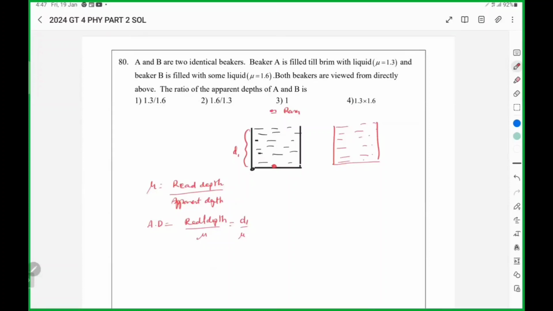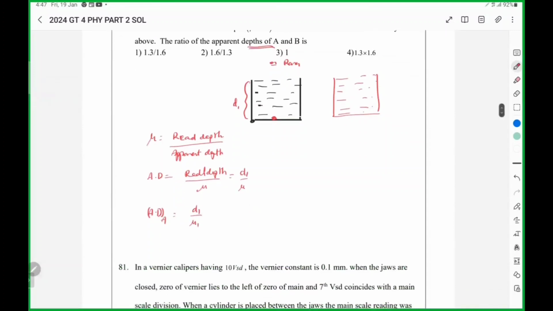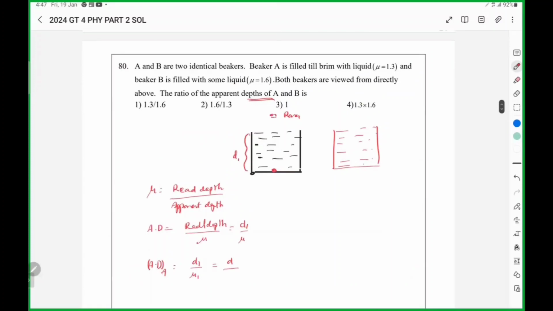So the ratio of apparent depth related to beaker A is d1 by mu1, that is the liquid. Mu1 here is 1.3. Since they are identical beakers, the depth will be the same. So d1 and d2 both are equal to, let us say, d.